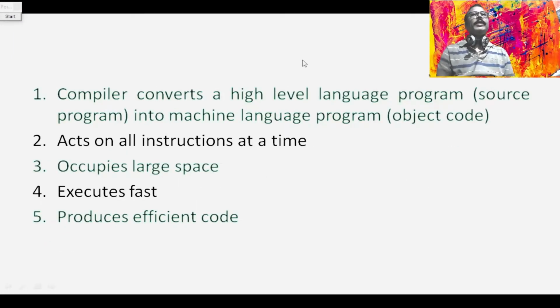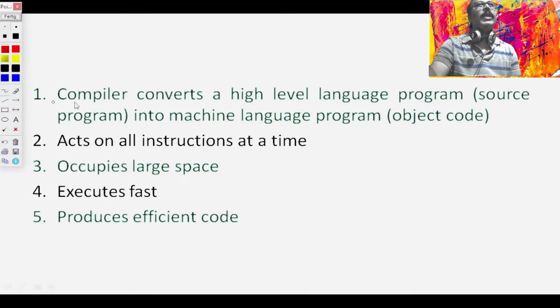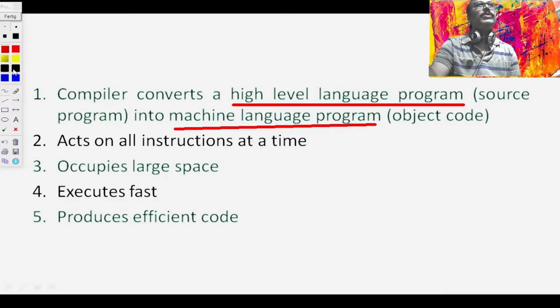Compiler converts a high-level language program into machine language, or in other words, source program to object program.